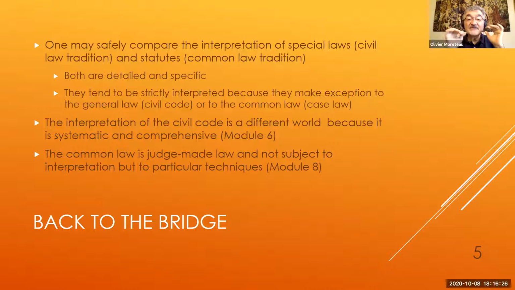The interpretation of the civil code is a different world, because it is systematic and comprehensive. The moment we go to code interpretation, you apply the methods that we have discussed in module 6, exegesis or the modern method, because you are there in the realm of general law.